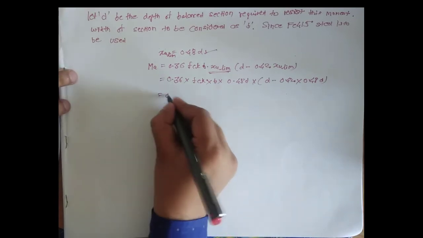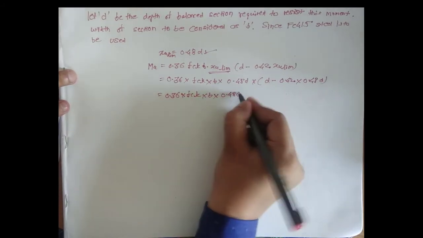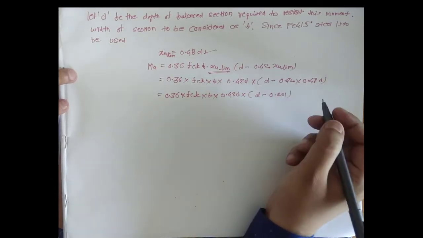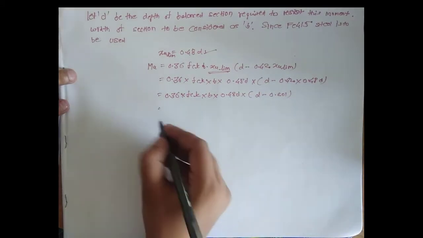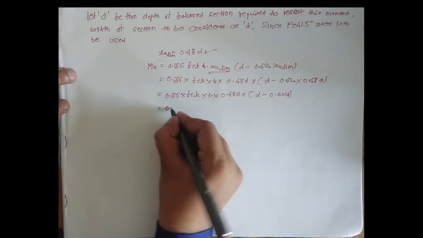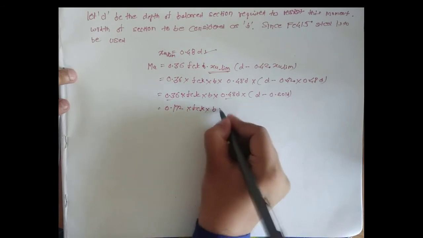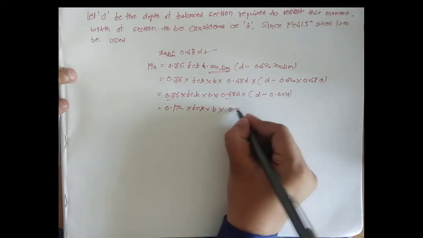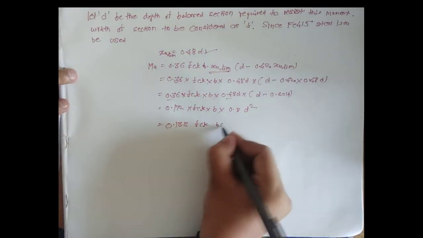Further solving it, 0.36 into FCK into B into 0.48 D into D minus 0.201 D. Multiplying, 0.172 into FCK into B into D, and then it is coming out to be 0.138 FCK B D square.